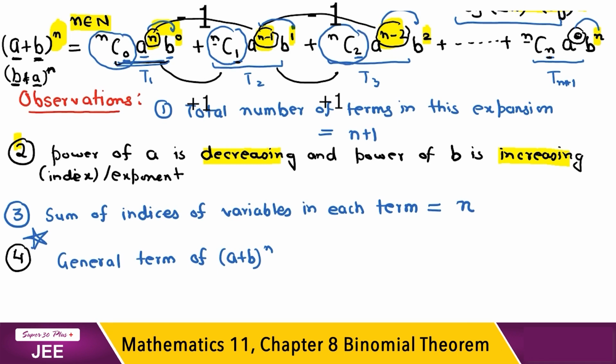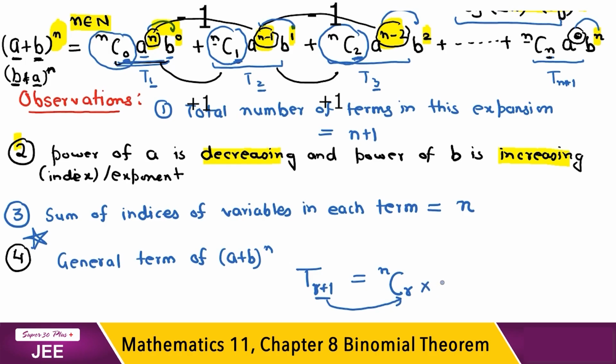So upon observing, I can say that if I write term number r plus 1, there is definitely going to be a binomial coefficient nCr. Because where it was 2 it reduced to 1, where it was 1 it reduced to 0, where it was 3 it reduced to 2. So if here I write r plus 1, here I am supposed to write r. So T(r+1) will definitely include an nCr.